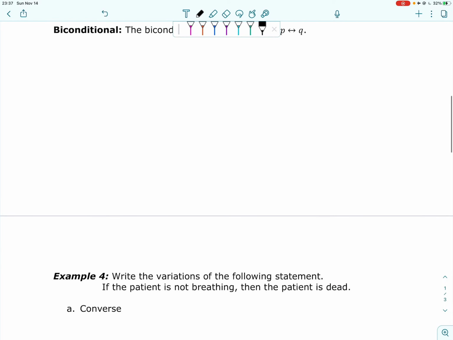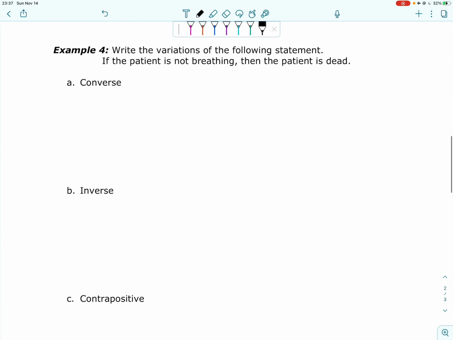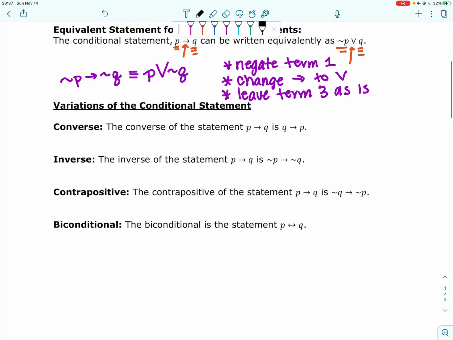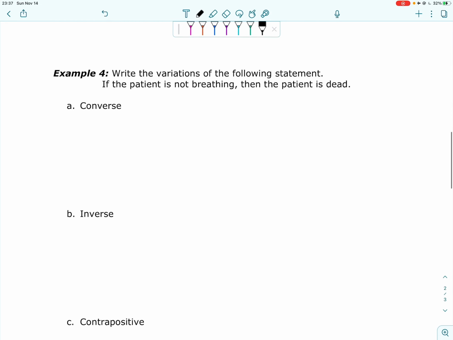So we're going to work through 2 examples on writing these out. And I don't know why it starts with example 4, but it does. Write the variation of the following statement. If the patient is not breathing, then the patient is dead. Actually, I'm sorry, I got ahead of myself. Let's identify the simple statements. The patient is not breathing.